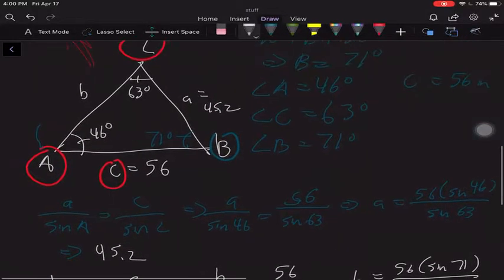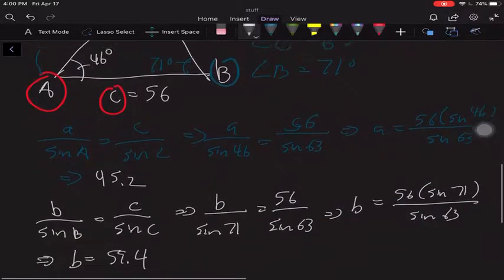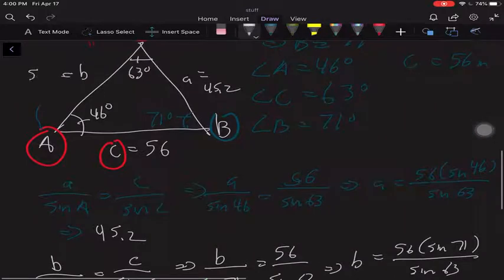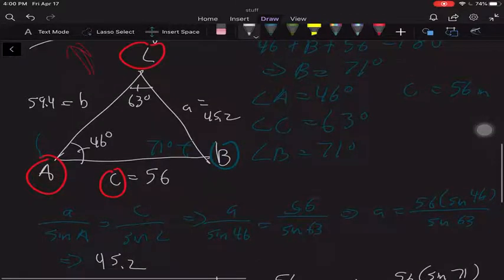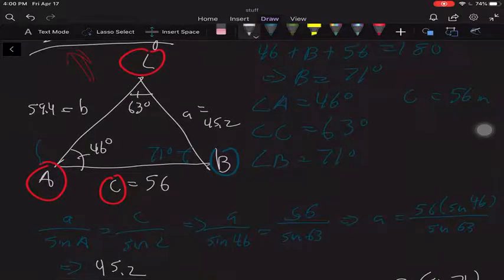So b is equal to 59.4. Now we have values for each side, a, b, and c, and for all three angles as well. And that is how we use the law of sines to solve a triangle.